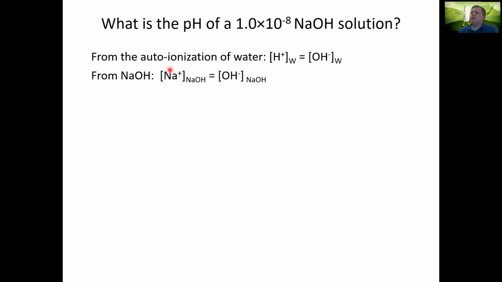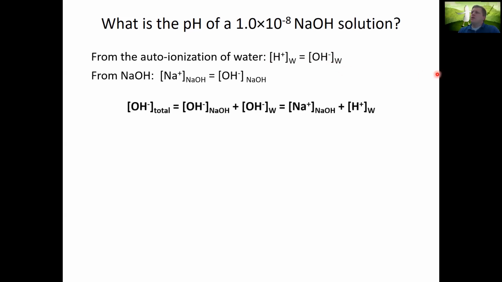And so we know that the concentration of sodium resulting from sodium hydroxide is equal to the concentration of hydroxide resulting from sodium hydroxide. We also know that when water autoionizes, it splits into a proton and a hydroxide. That means for every water molecule that auto-dissociates, we get 1 proton and 1 hydroxide group.